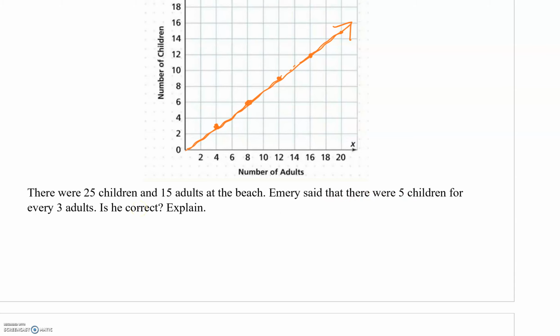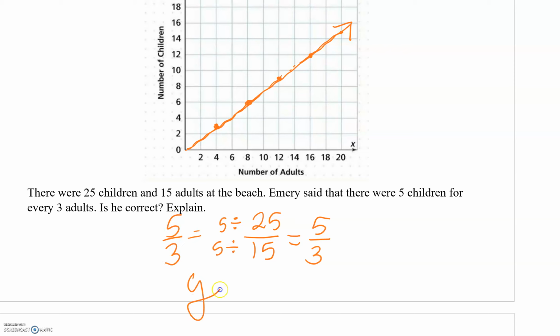Is he correct? Well, if I have 25 to 15, I would want to see if that is an equivalent ratio to 5 to 3. If I divide both of these by 5, I would get 5 to 3. So yes, he is correct.